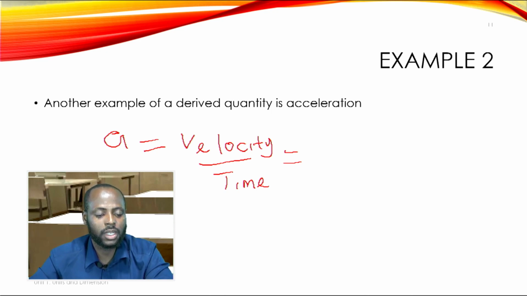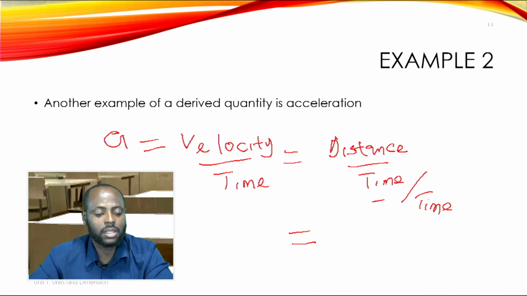The only difference here is that velocity is a vector quantity, which we shall discuss later in the next unit. But for now, we define velocity as distance divided by time, and we have our time component at the denominator. So at the end of the day, our acceleration is represented by length L divided by time squared.